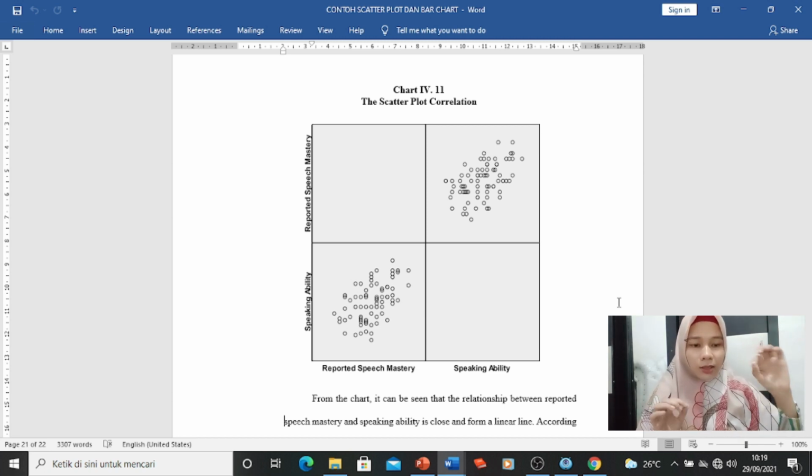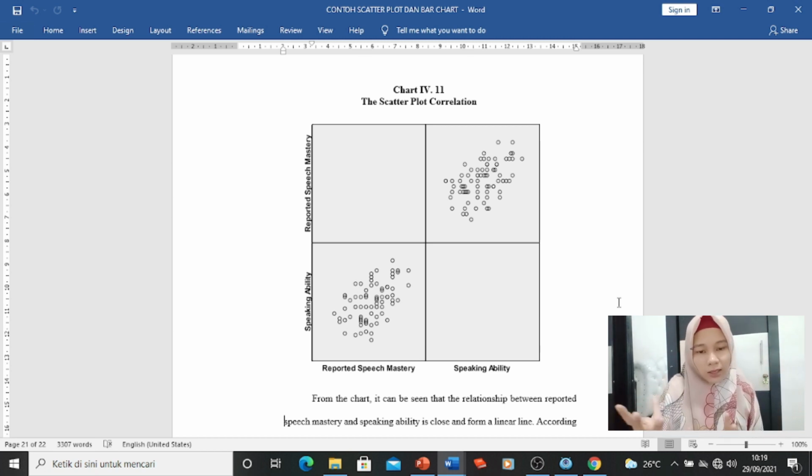So what can be concluded from this chart is that both of the variables are correlated with each other. They have a strong correlation, and the data goes up. That's one of the indications of how to read your chart.